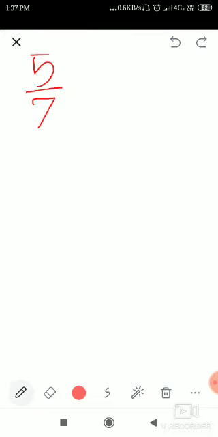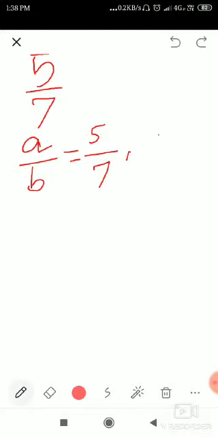I am giving one more example. Find the equivalent rational number of 5 by 7. Let me see the solution for that. First we have to write the form a by b. So a is 5 and b is 7, and we can take c as 2.